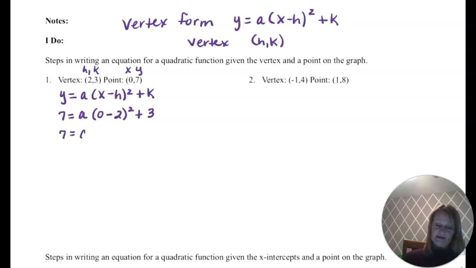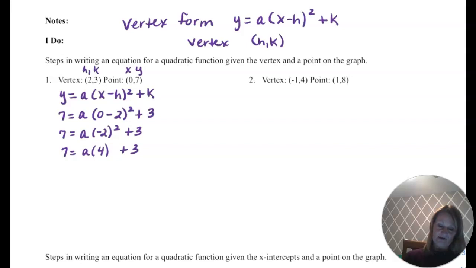So on this side, I'm just going to simplify 0 minus 2. That's a negative 2. Go ahead and write that in. And now I know a negative 2 squared is 4, plus 3. Now, guys, be very careful here. I don't want to add 4 plus 3 because that 4 is times the a.